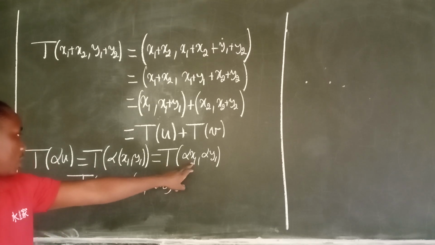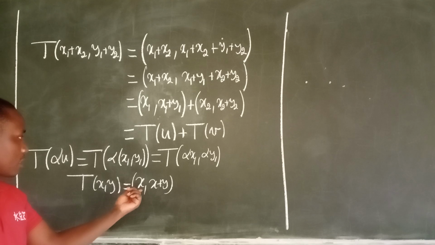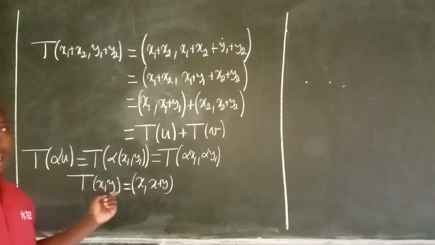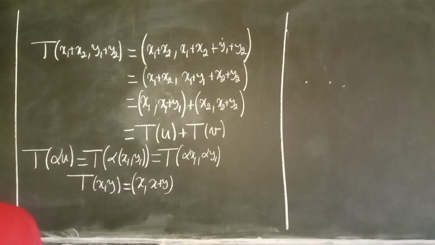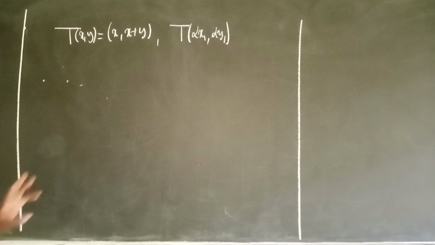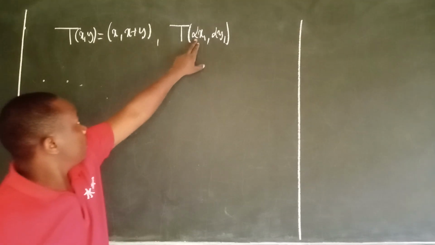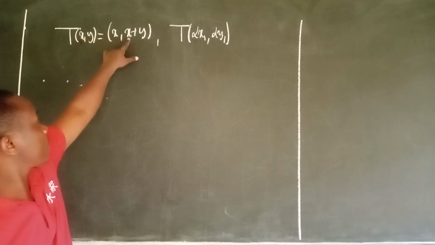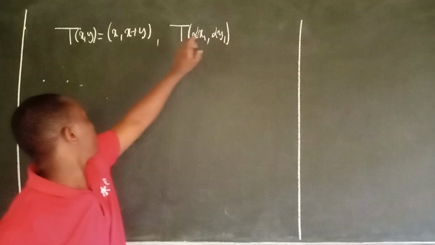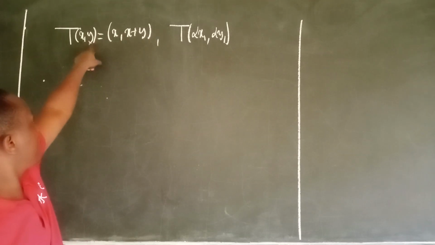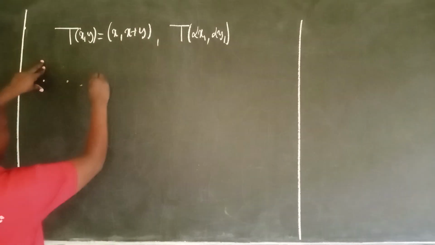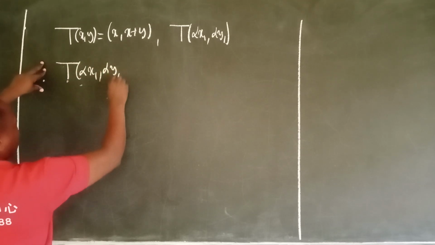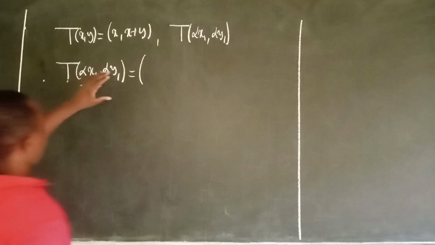This alpha x1 will come in the place of x, while alpha y1 will be replacing y in this transformation. We are verifying property number 2.